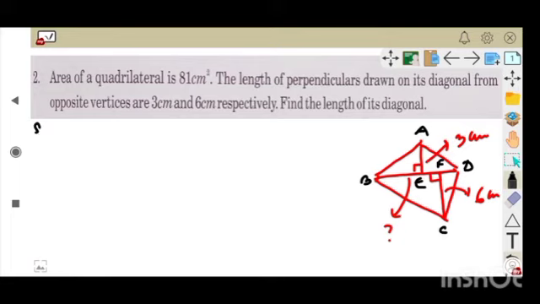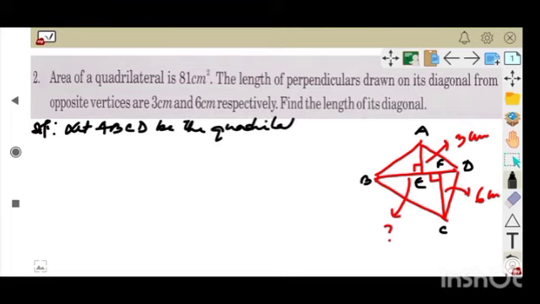So I'll write the solution here. Let ABCD be the quadrilateral with diagonal BD. We don't know the length of the BD, that is what we are going to find.